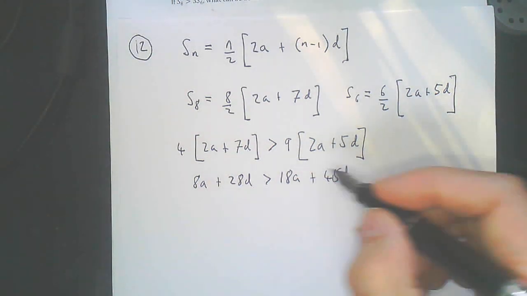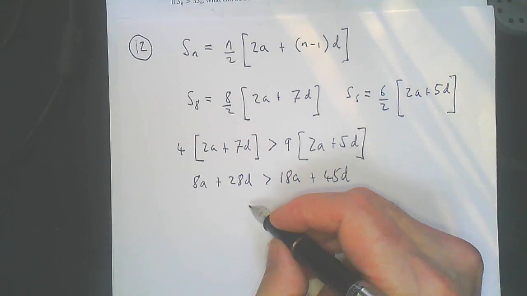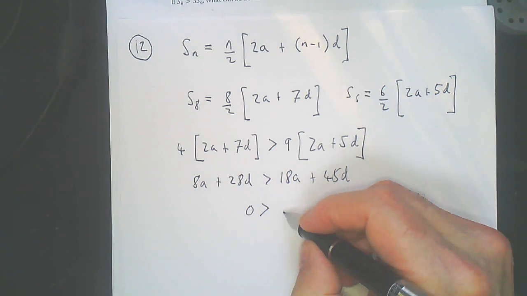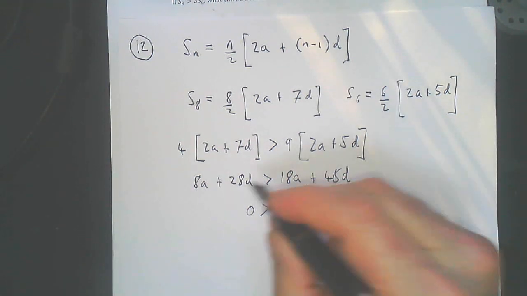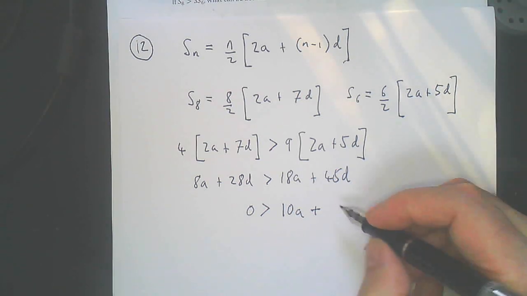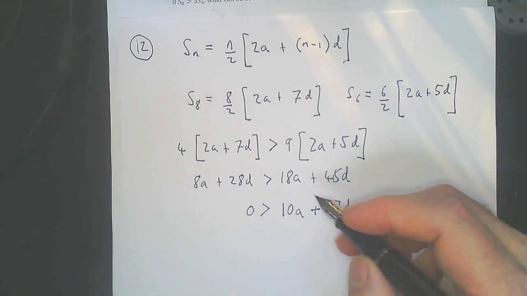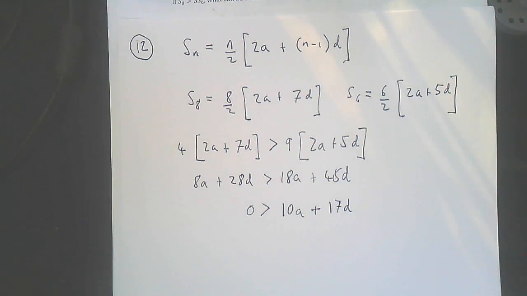Let's take it all to that side. So we end up with 0 is greater than 18 minus 8, which is 10a, plus 45 minus 28, which is 17d. Just double check that. 28, 38, 45. That's it.